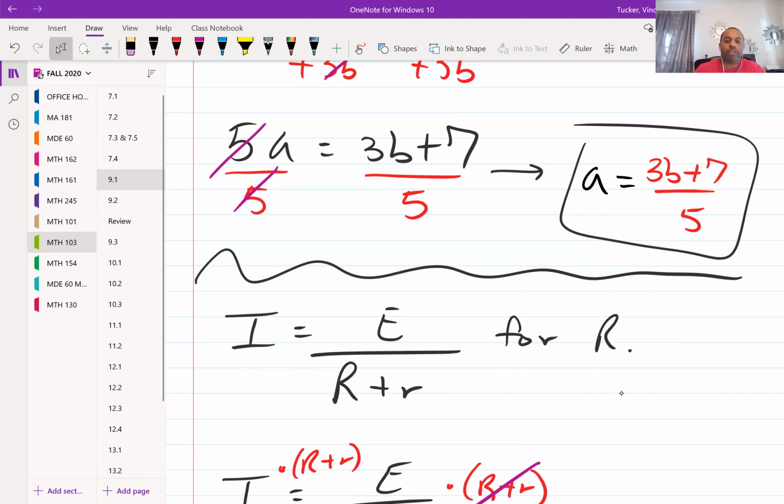Capital I is equal to capital E over capital R plus lowercase r, and we want to solve for capital R. The only reason I'm emphasizing capital and lowercase is because I want to make sure we understand that we do need to keep the letter integrity when you go about solving your values, because capital R and lowercase r are two different letters, two different numbers, and they're going to hold you to that.